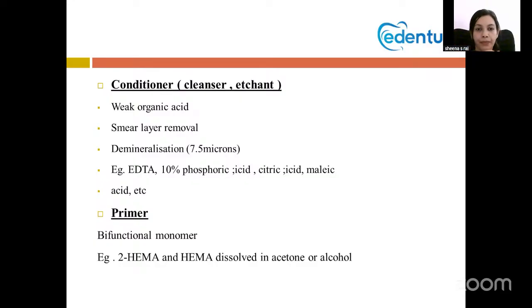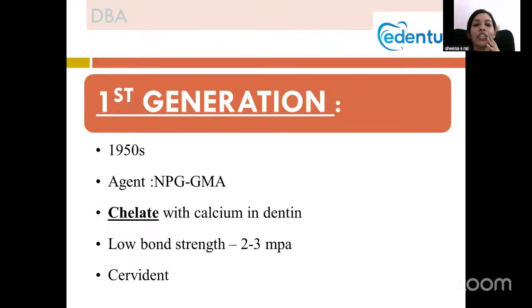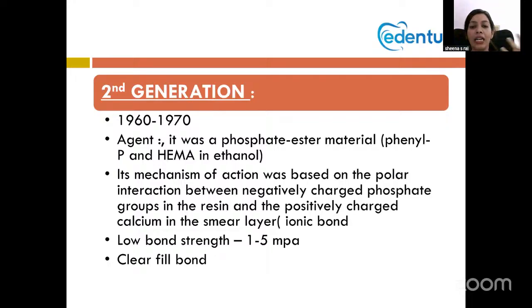Right. So the first generation dentine bonding agent actually chelates with the calcium in the dentine. That was the problem with the earliest dentine bonding, where the bond strength was very less, that is 2 to 3 MPa. The second generation again reacted with the smear layer calcium. Again, the bond strength was very less.